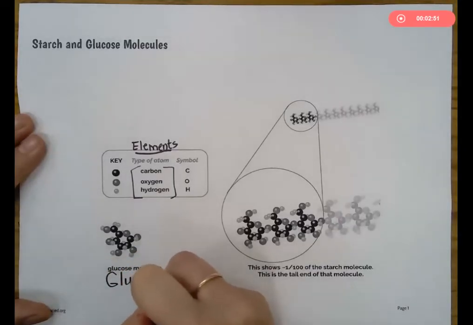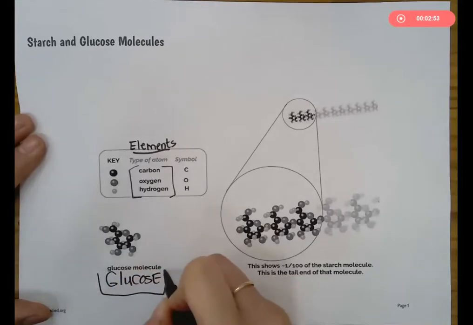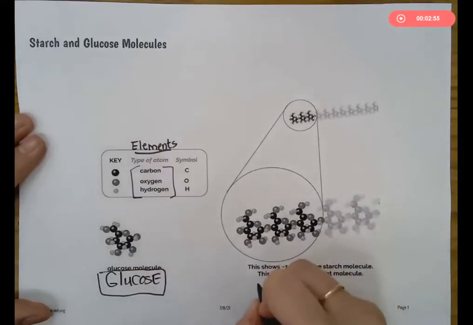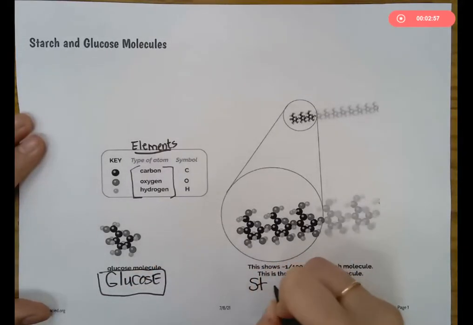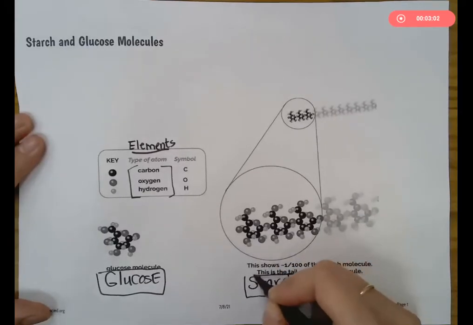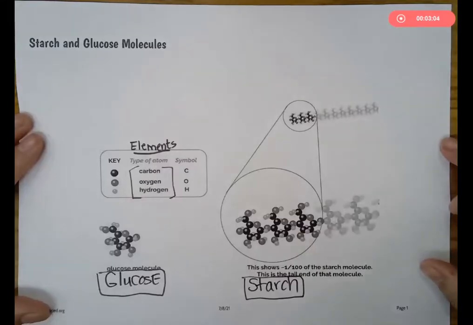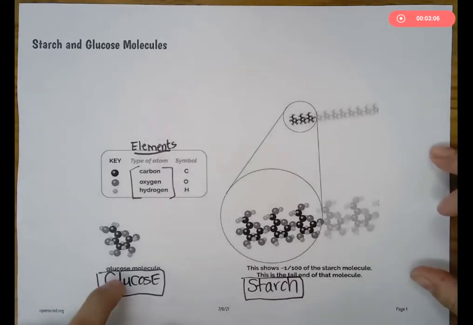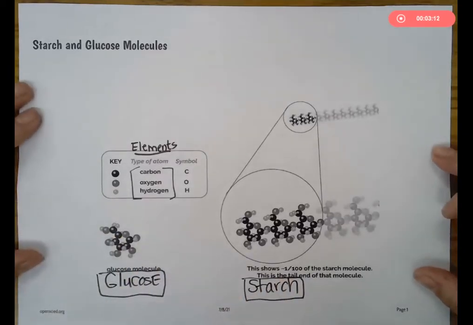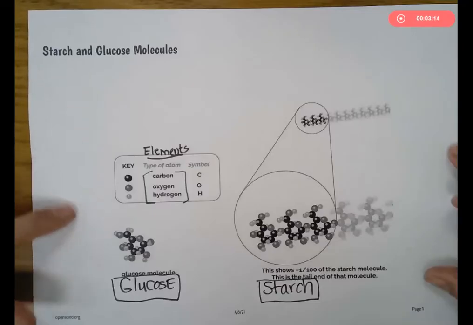Glucose, and this one is starch. All right, so what do glucose and starch have in common? We're looking for patterns between these two molecules. Let's start with similarities, and we're going to make a list right here.